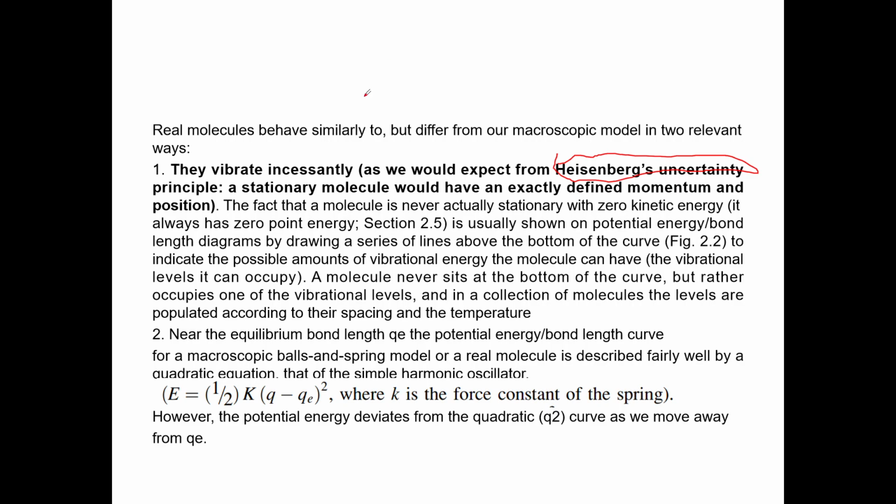We cannot know exactly both the position and the momentum. Heisenberg says that delta x, the uncertainty in position, times delta p, the uncertainty in momentum, is greater than or equal to the reduced Planck constant divided by 2.